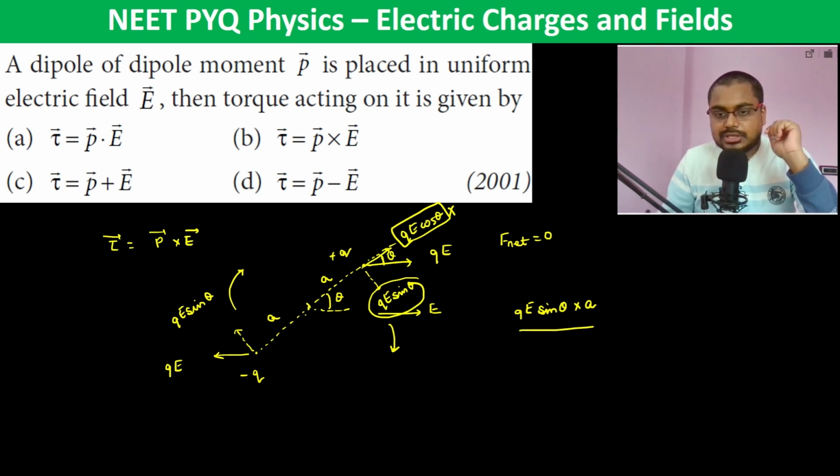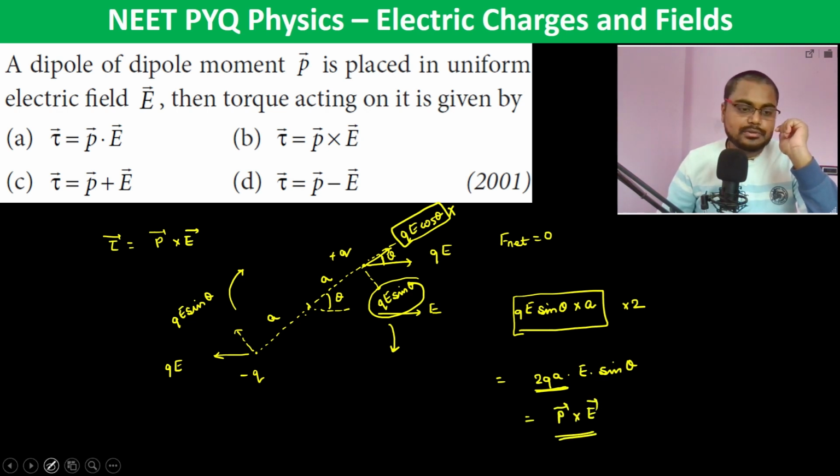So QE sin theta into A into 2. So this becomes 2QA into E into sin theta. 2QA is P, so therefore the torque becomes P cross E. Thank you.